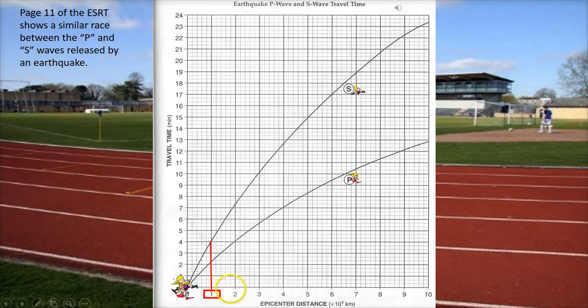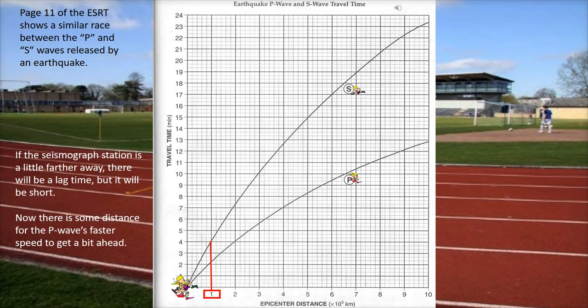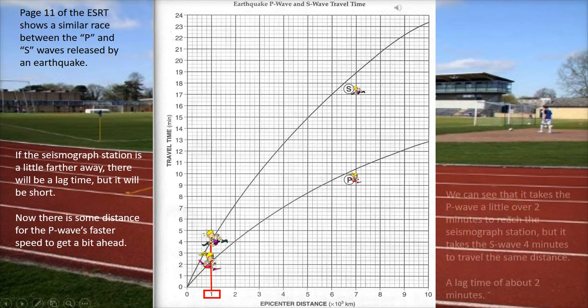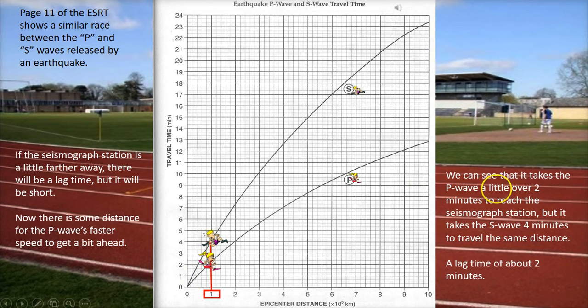So we're going to do an example of 1,000 kilometers here. Now in this case, there is time and distance for the P wave to get ahead of the S wave. There is a gap between them, and you can see this gap on the travel time graph. We can see it takes the P wave about 2 minutes to travel this 1,000 kilometers.